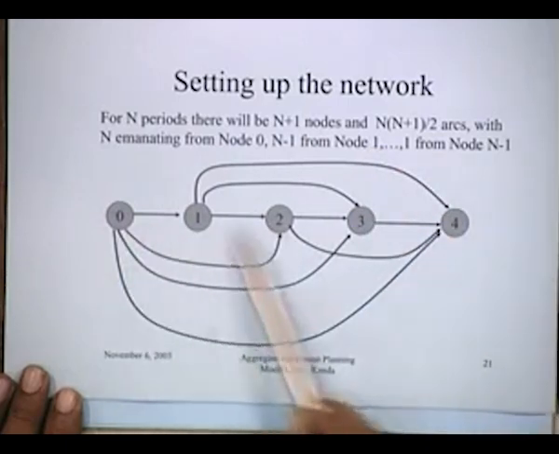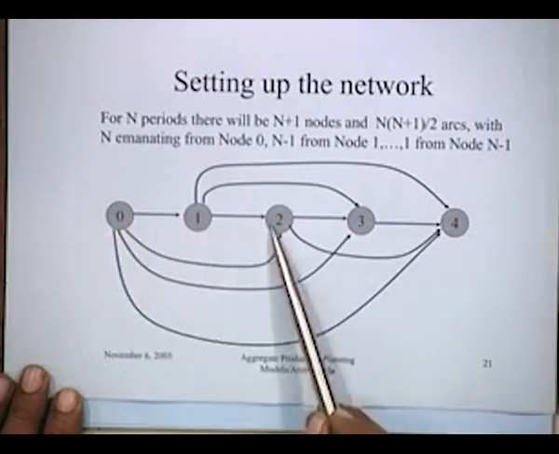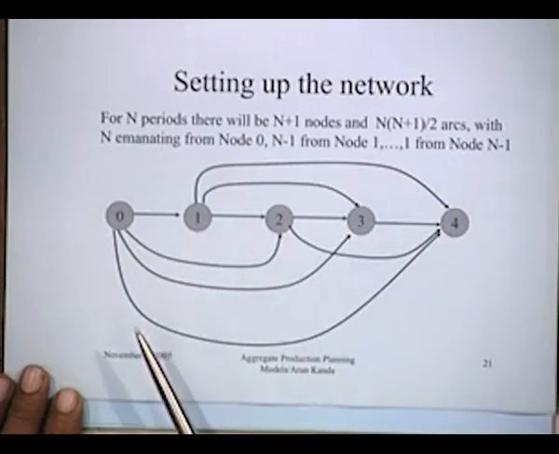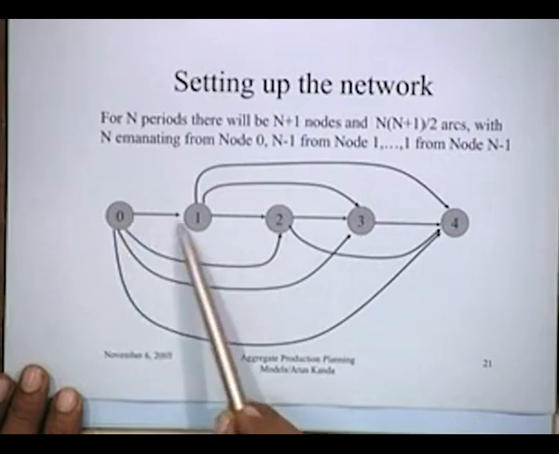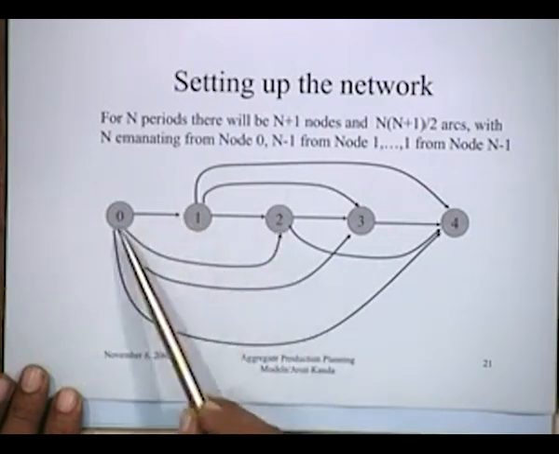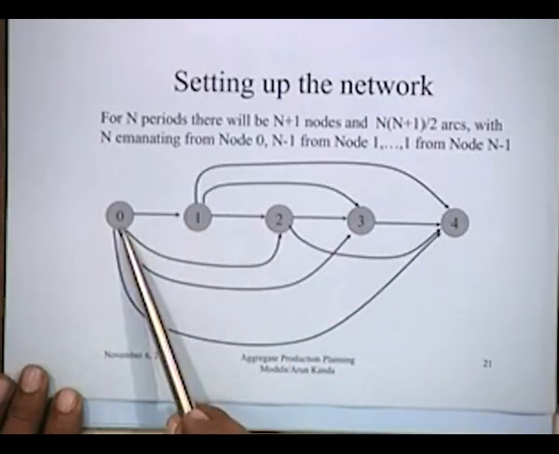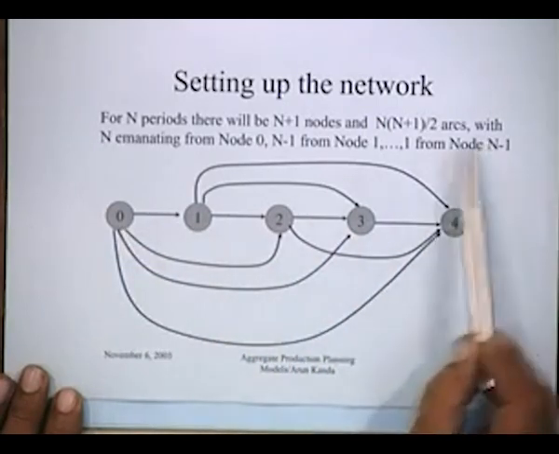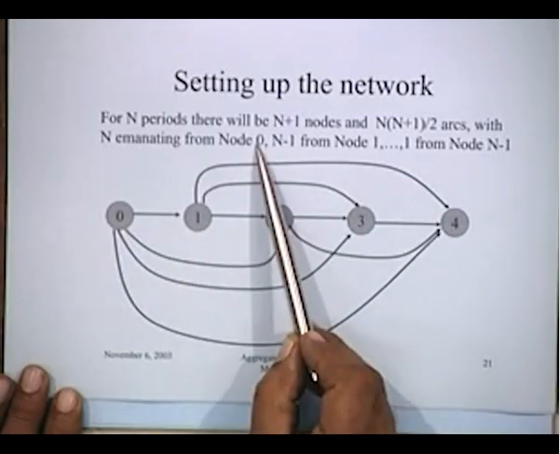So if you take a 4 period problem, we have node 0, node 1, node 2, node 3, node 4. And from here we take all possible arcs: from 0 to 1, from 0 to 2, from 0 to 3, from 0 to 4. So there are 4 arcs emanating from node 0. That is what we said, that in general there will be n arcs emanating from node 0.